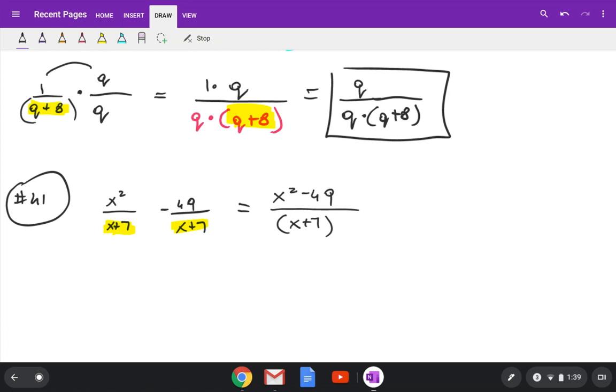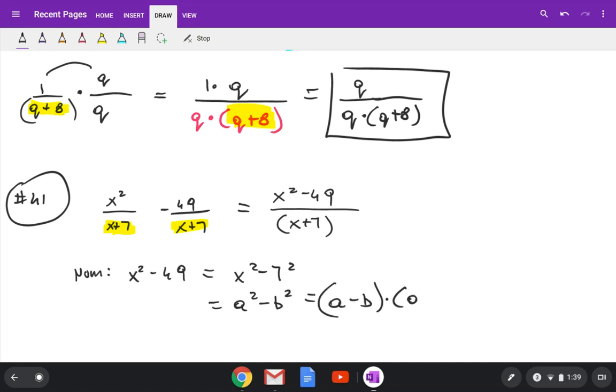When you're solving these types of problems, you always want to simplify completely. Your numerator is x squared minus 49. You can factor this: it's the same as x squared minus 7 squared. Use the formula a squared minus b squared equals a minus b times a plus b, and that gives you x minus 7 times x plus 7.